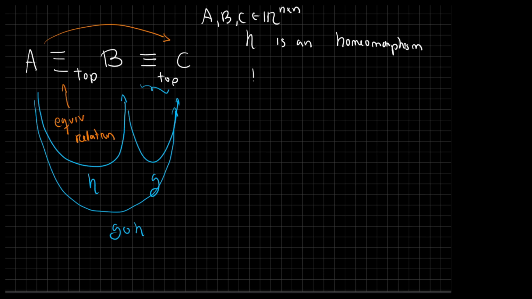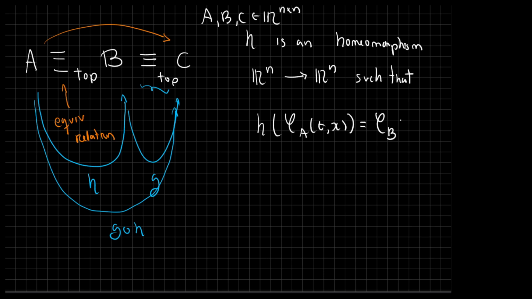So this will be a homomorphism from Rn into Rn, such that H applied on the flux of A is equal to the flux of B applied on H. So this is for the first, and for the other homomorphism, let's say that G is also a homomorphism, and in this case this will be equal to the flux of C.